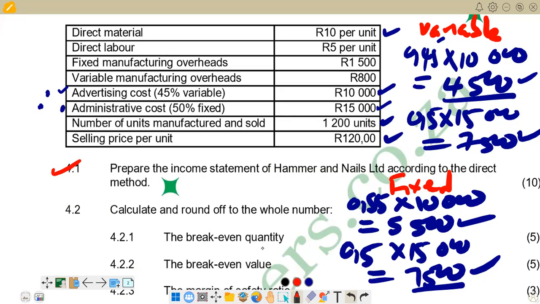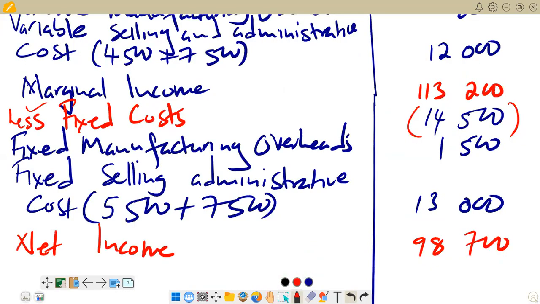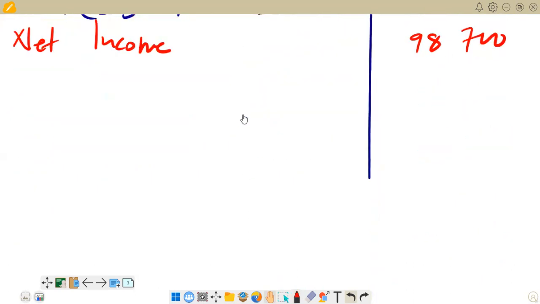So we can as well try to come here and calculate it. So this is the break-even quantity.